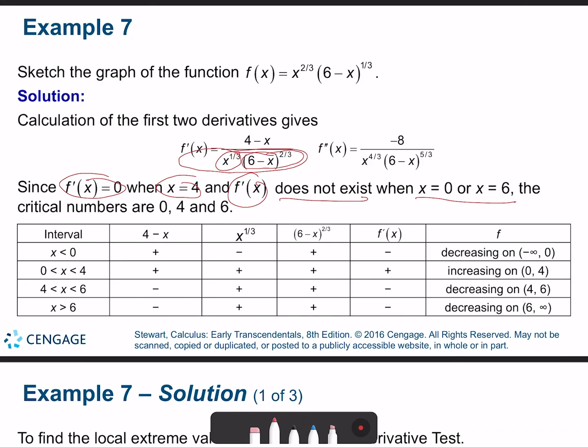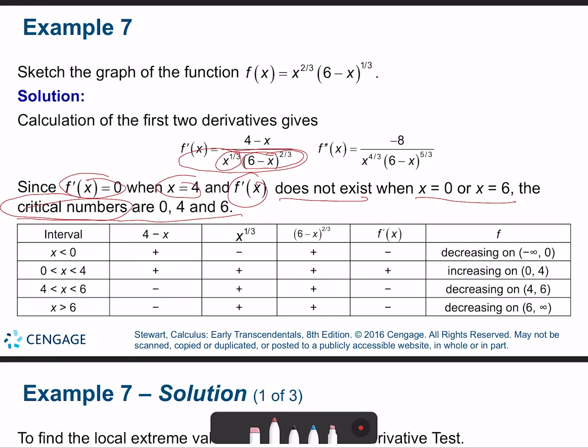And when your first derivative is undefined, that's a point of interest. So those become critical numbers also: 0, 4, and 6. You want that in your notes. Any x value that causes your first derivative to be 0 or undefined is a point of interest, in other words, a critical number.